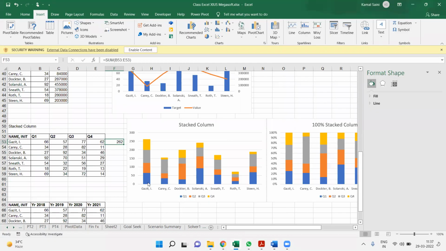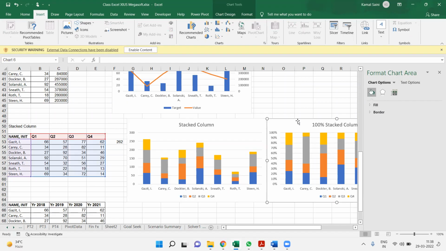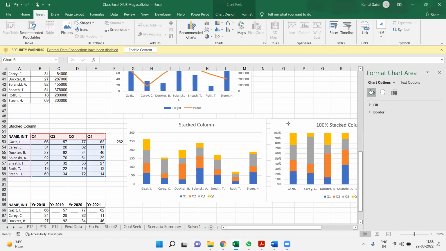So each quarter as a whole contributed to 262, but individually how much they are contributing respective to each quarter is also shown. That is a bifurcation. When you want to show your contribution on a bifurcation basis, we make use of stacked column. And 100% will show you percentage-wise contribution.